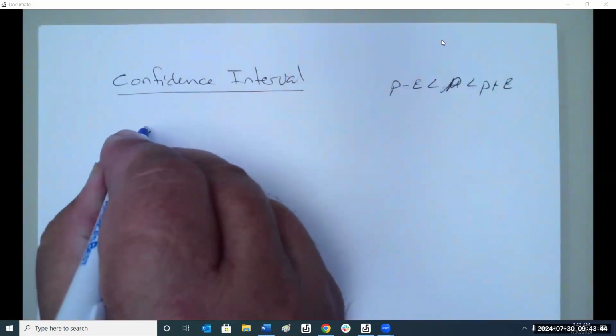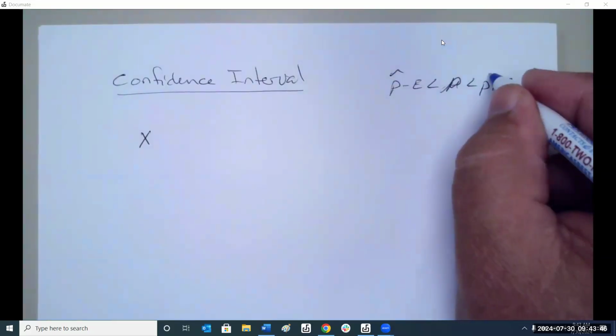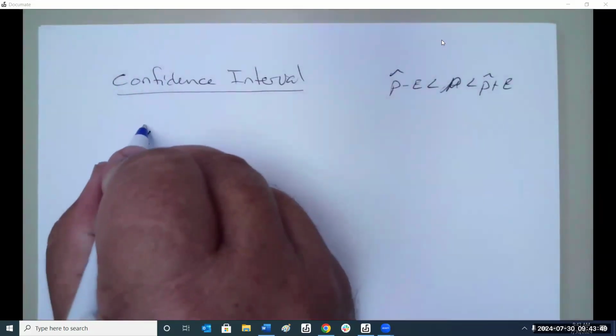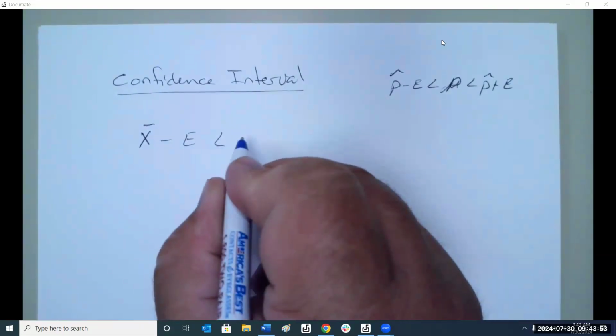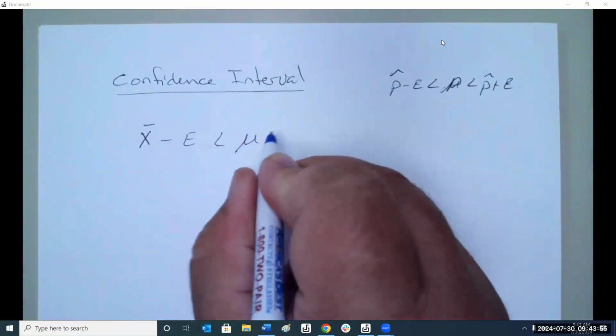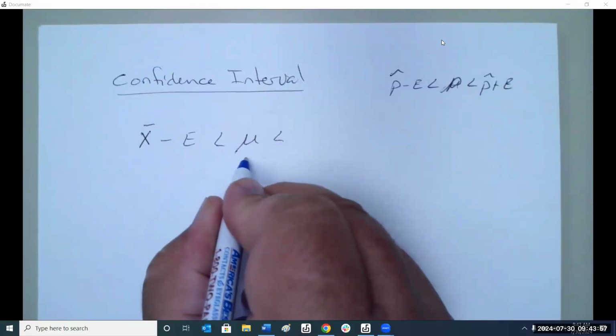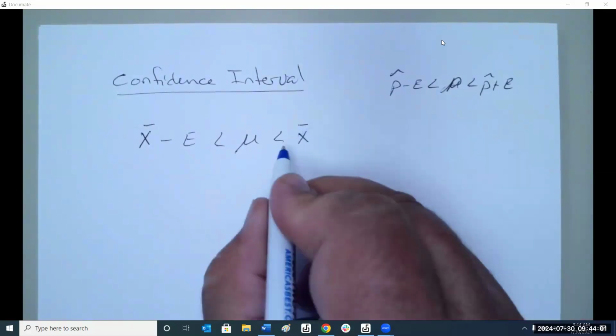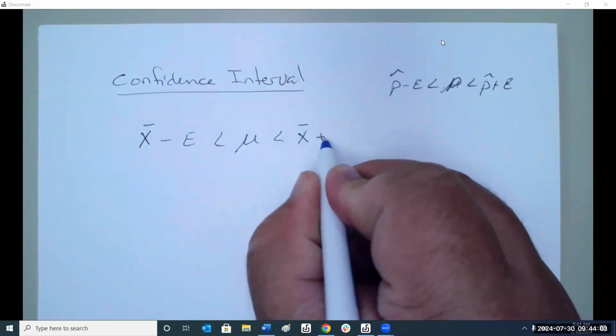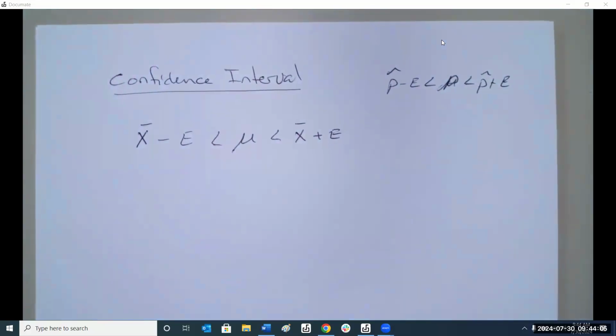So we have our sample, these are hats. So it's the sample mean minus the error is less than the population mean, which is less than the sample mean plus margin of error.